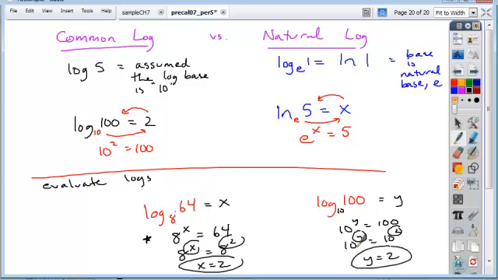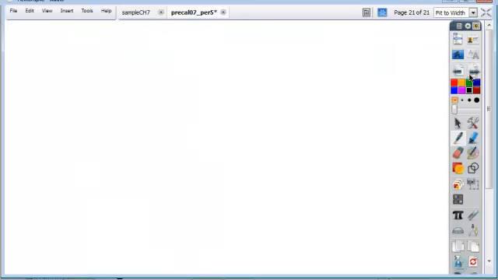Okay, so evaluating winds up being, again, just converting it into the exponential form and then using the methods that we talked about in section 7.2 to solve that particular equation. All right, so looking at this first one, if you just assign it a variable, rewrite it in exponential form.